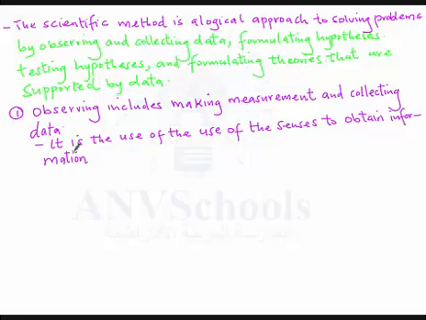So observation often involves making measurements and collecting data.